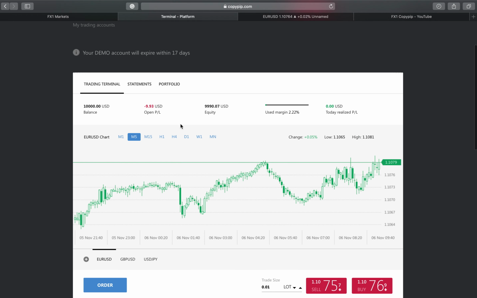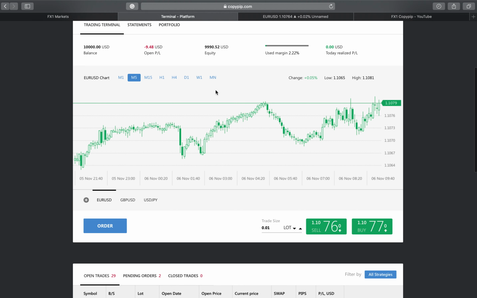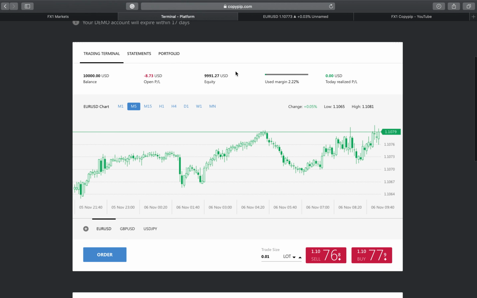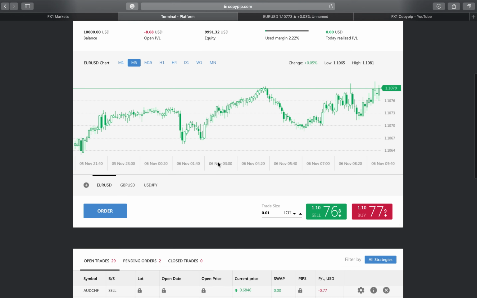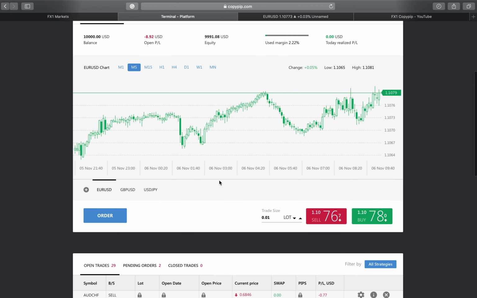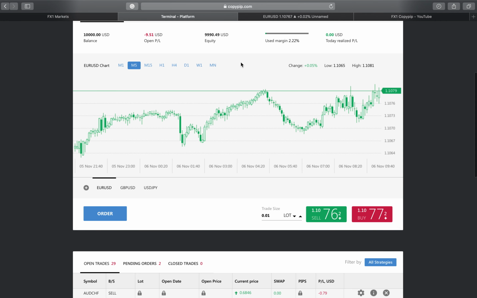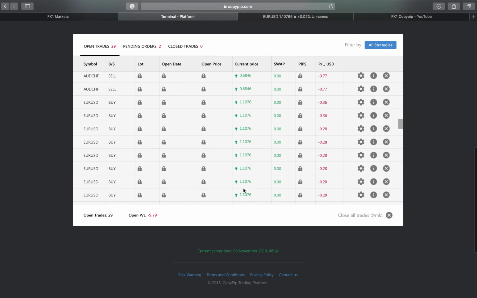One thing, guys, you need to know is that some of the traders will be profitable after a certain amount of time. Let's say 1 month, 2 months, 3 months. Some of them you need to look at yearly. So if sometimes a trader goes into drawdown and you see minus in their portfolio, actually this is something normal for any trader, because equity growth is not a straight line up.